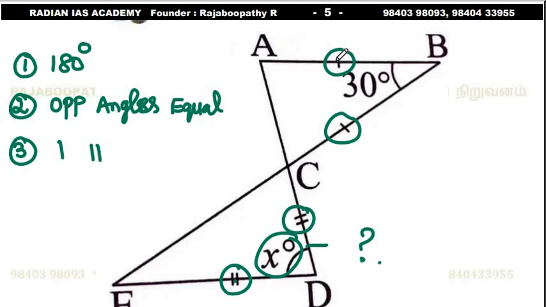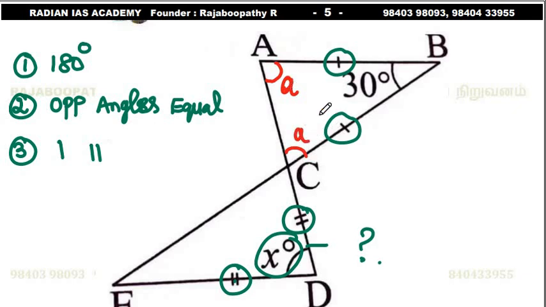Now see, this AB and BC are equal. AB equal to BC. When AB is equal to BC, which angle is opposite to AB? Opposite to AB is this one. Similarly, opposite to BC is this one. These two are equal. That means if this is A, this is also A.